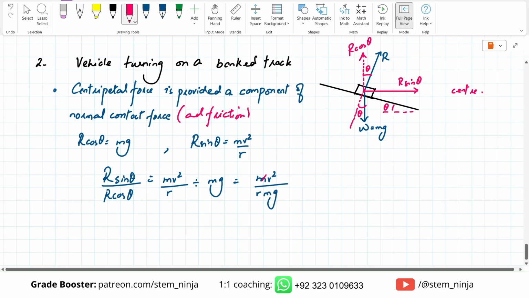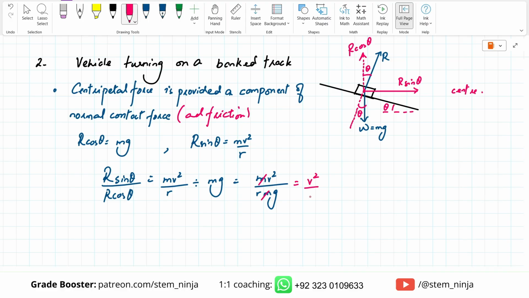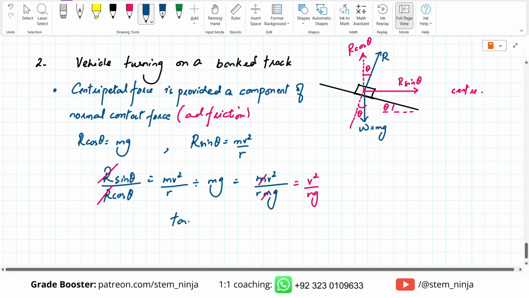Notice that m and m can be cancelled out, leaving us with v squared over rg. On the left hand side, R and R get cancelled, leaving us with sine theta over cos theta, meaning that this is tan theta equals v squared over rg.